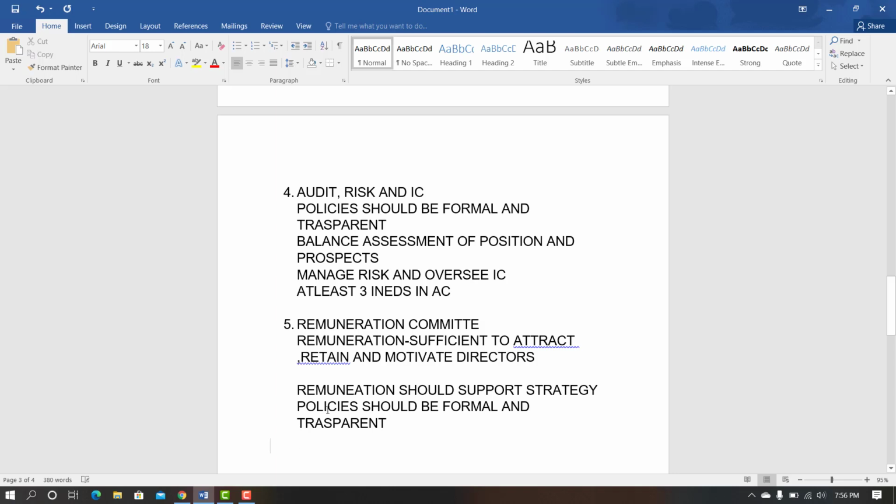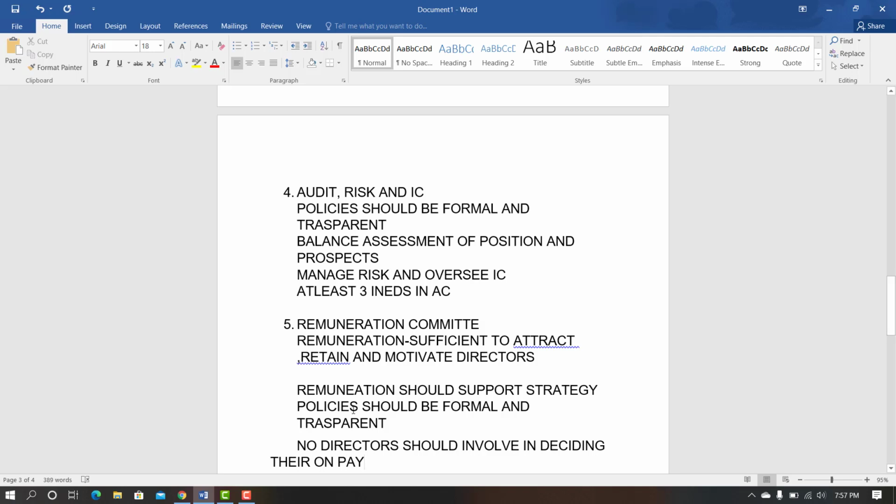So this is the same. And another point is no director should be involved in deciding his or her own remuneration. So no directors should be involved in deciding their own fee or remuneration.